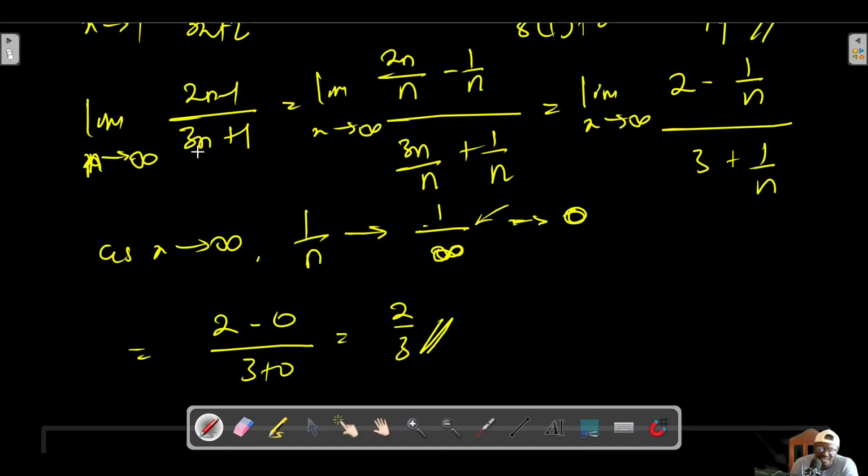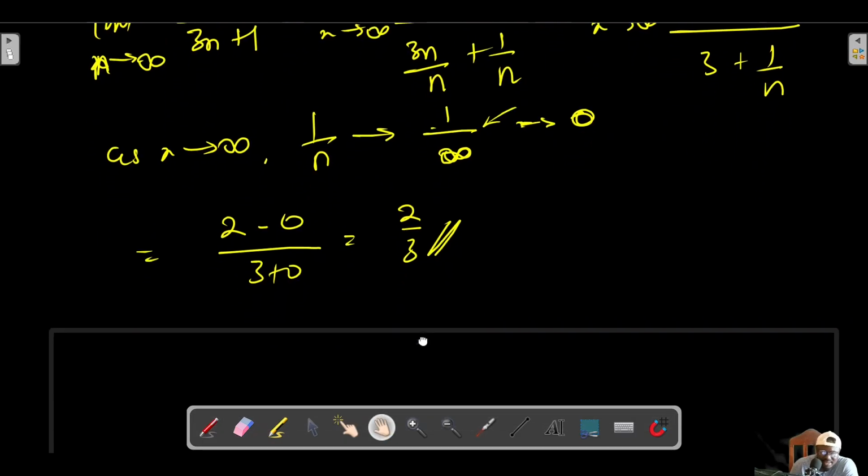The value of the limit will just be the coefficient of the term with the greatest power of the independent variable on the numerator, divided by the coefficient of the term with the greatest power of the independent variable on the denominator. As simple as that. That's the reason why we are having 2 over 3. This is actually simple.